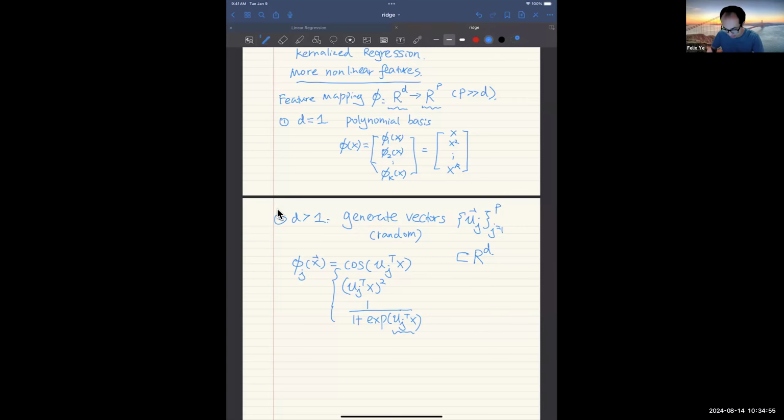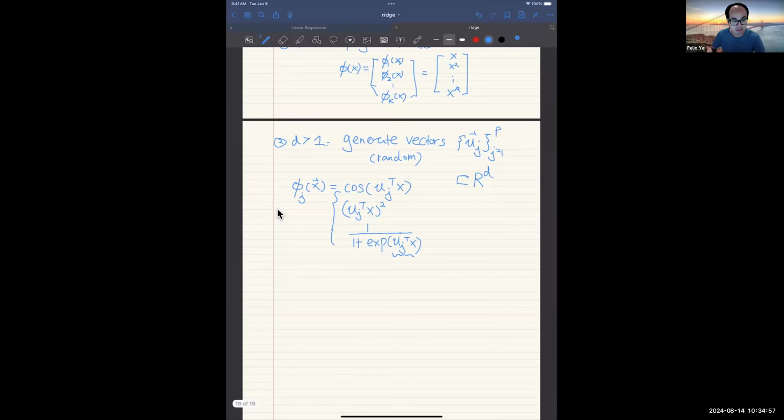So with that, you can see this feature space can grow very large very quickly, because you can arbitrarily create random vectors very quickly. In fact, that's one of the approaches that we did in the homeworks.